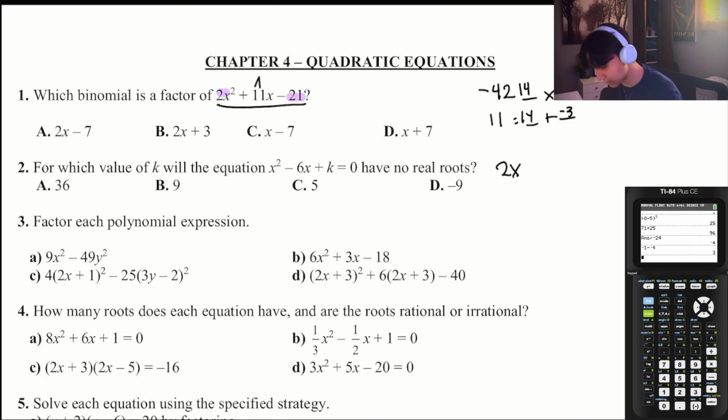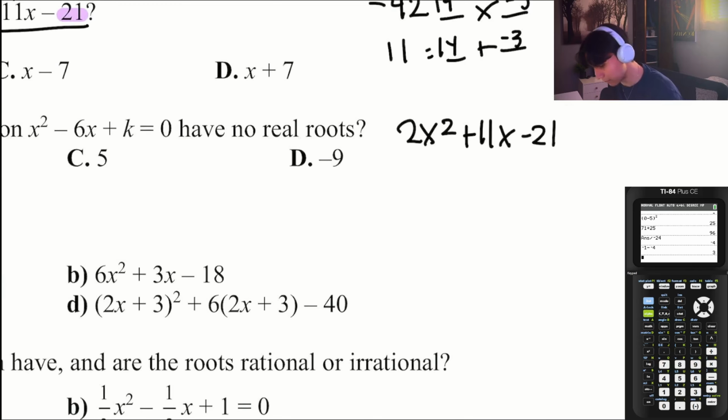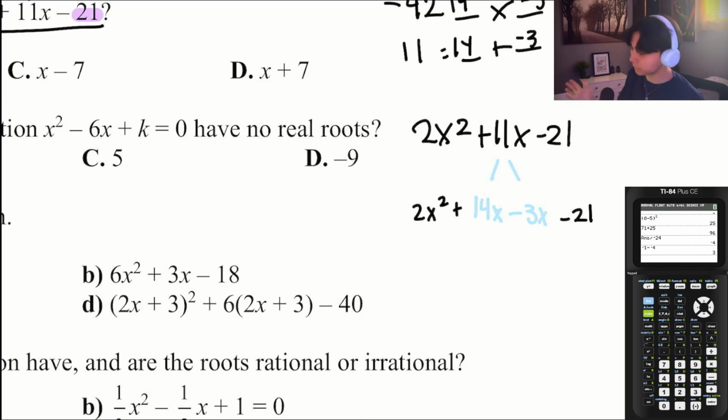So we have 2x squared plus 11x minus 21. We're going to split this middle term into the 2 numbers we just found. So we get 14x, and we have 3x, remember. Now that we split this, that's what it should look like.